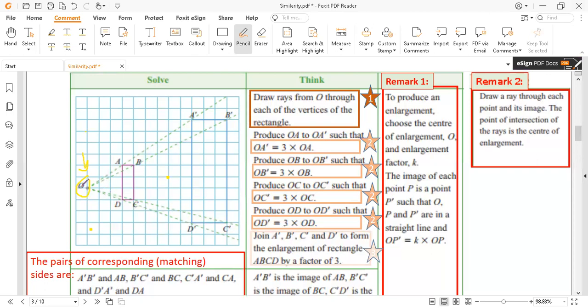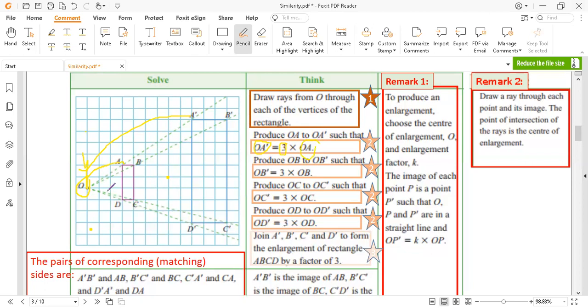So OA, and we can stretch our ray. We measure the distance OA. We want to enlarge the figure, so OA prime is bigger. OA prime equals K, the scale factor, multiplied by OA. For example, if the scale factor is 3, OA prime equals 3 times OA.